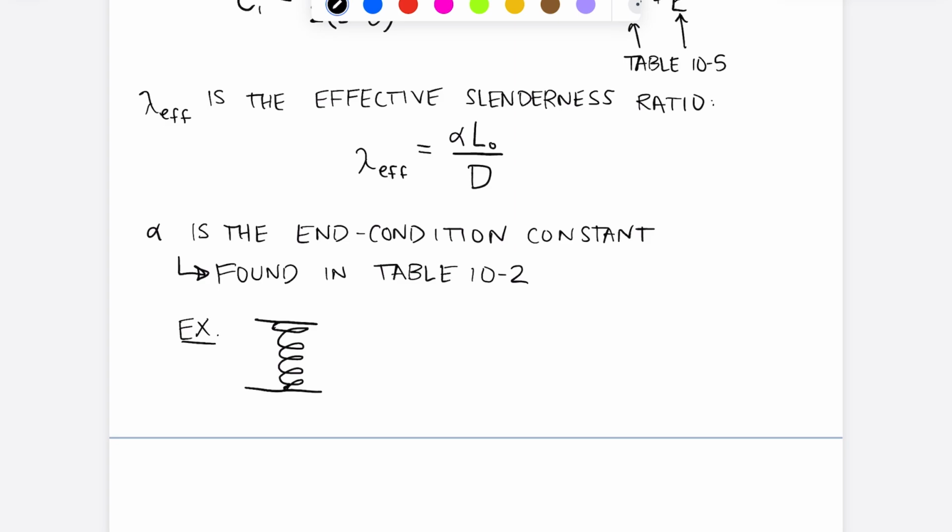It's sort of like a fixed end condition. In that case, alpha is 0.5. Okay, and it varies for the conditions listed in the table between 0.5 and up to 2 for the condition where you have one end that's clamped and the other end being free.